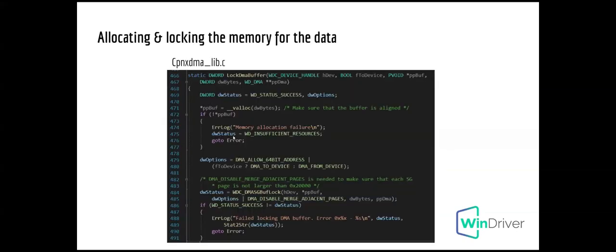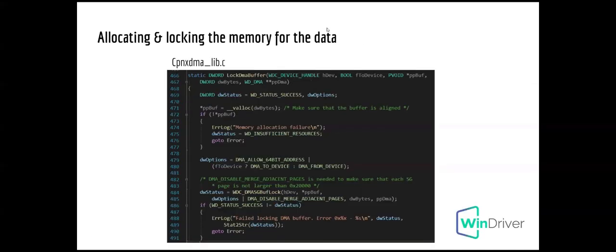So the first thing we need to do is to allocate and lock the memory for the data. Only the memory. These memory buffers are not defined yet. So we're using the world famous WDC DMA scatter gather buff lock. This is for the data buffer.